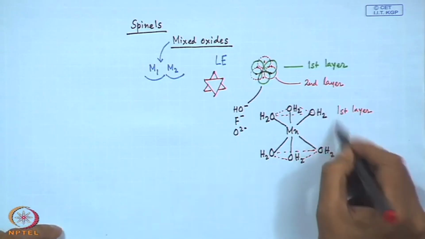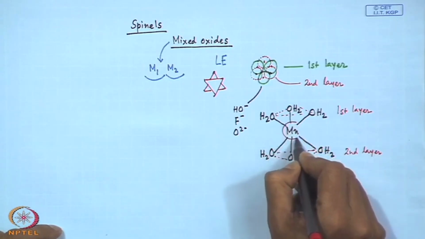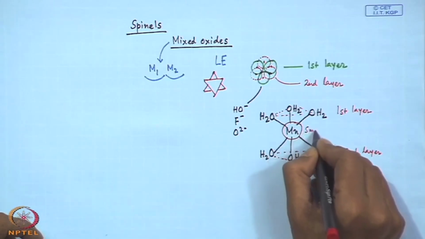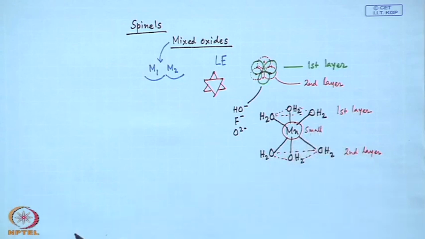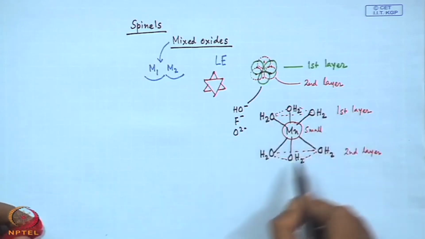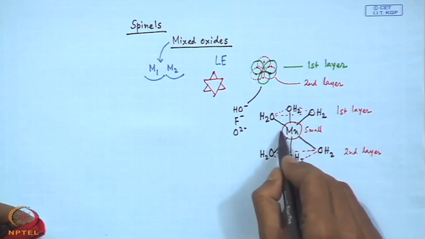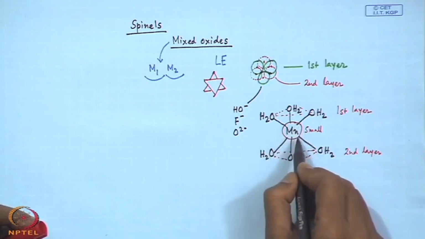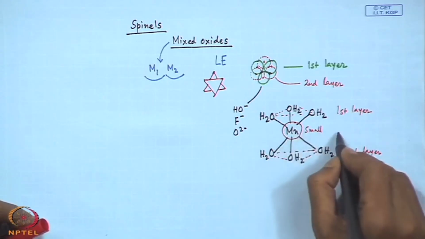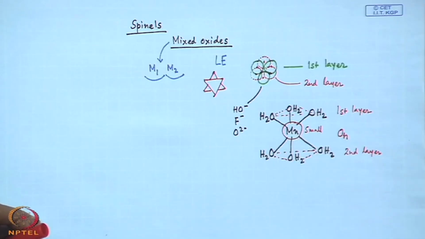If these 2 layers are sandwiching a particular small sphere, small in size, that means we have a sandwich structure of the first layer and second layer. Between these 2 layers we have the trapped metal ion, which is a very small one and which is sitting nicely in an octahedral geometry.